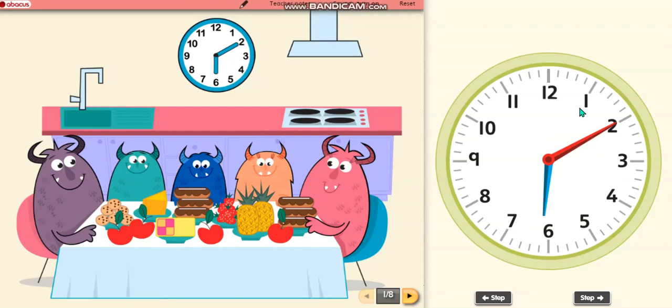Now remember that each of these numbers 1 to 12 corresponds to the multiples of 5. So 5, 10, 15, 20, 25, 30, 35, 40, 45, 50, 55, and 60. And also, that makes 60 seconds in 1 minute.